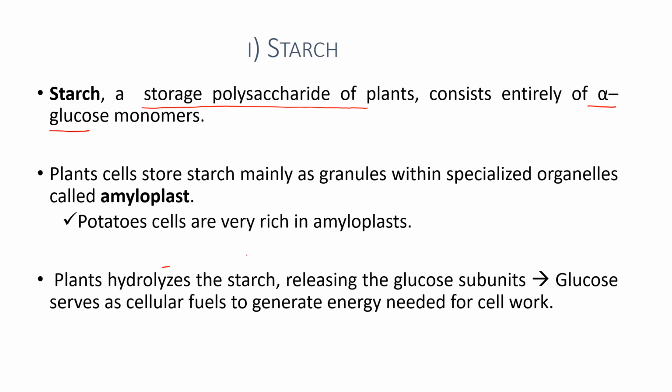Plant cells store starch mainly as granules within a specialized organelle called the amyloplast, which functions to store starch in granules. Potato cells are very rich in amyloplasts. Potatoes are tubers, which are found in the soil, and they contain starch.